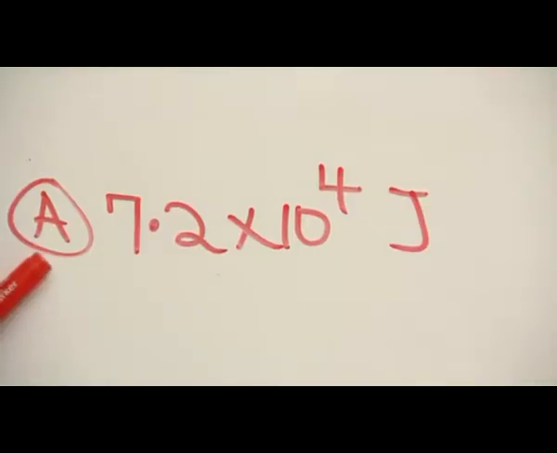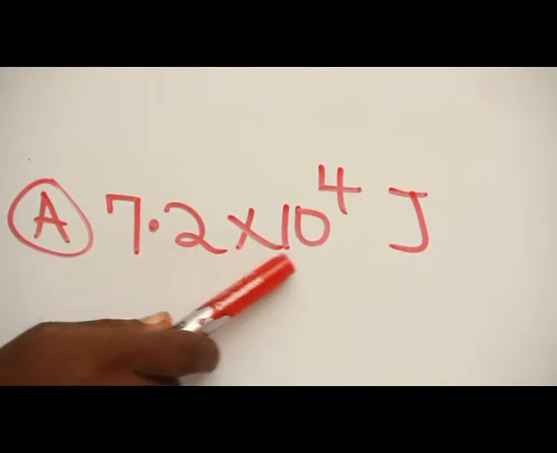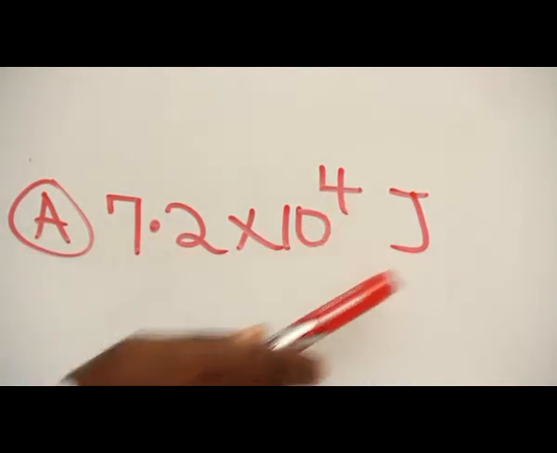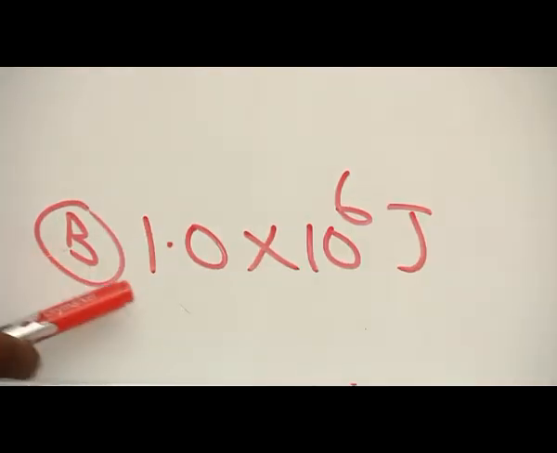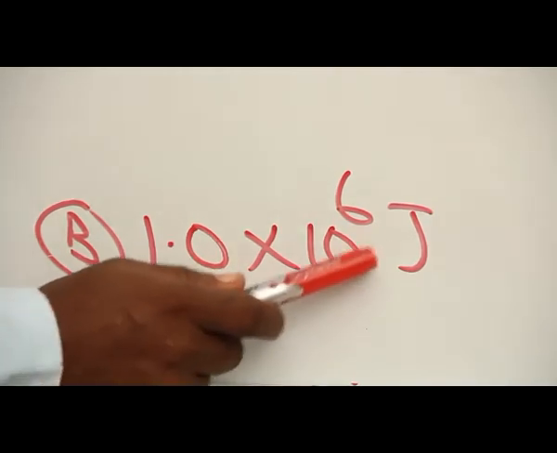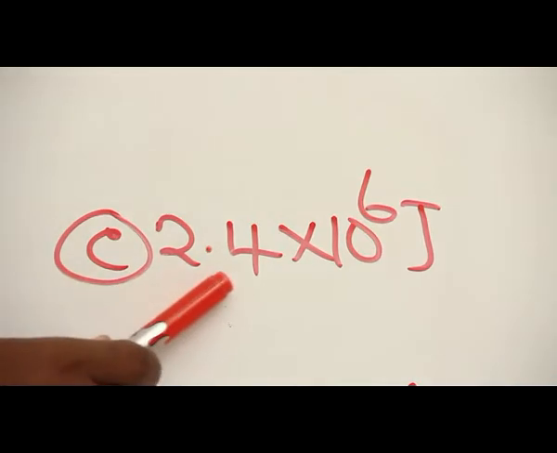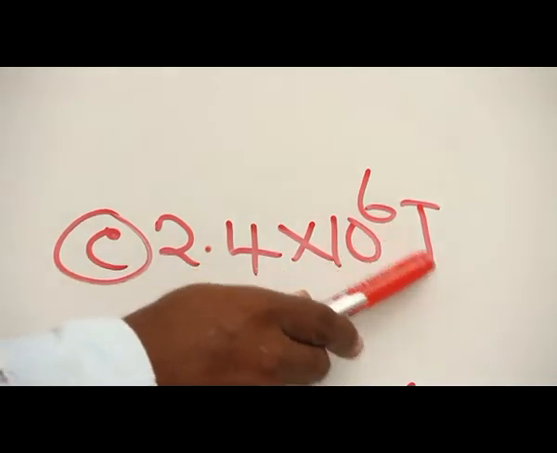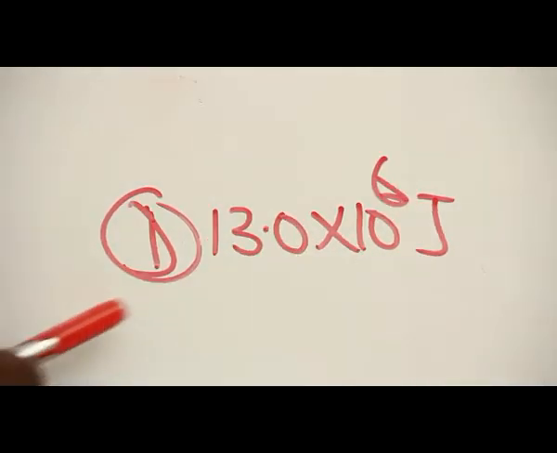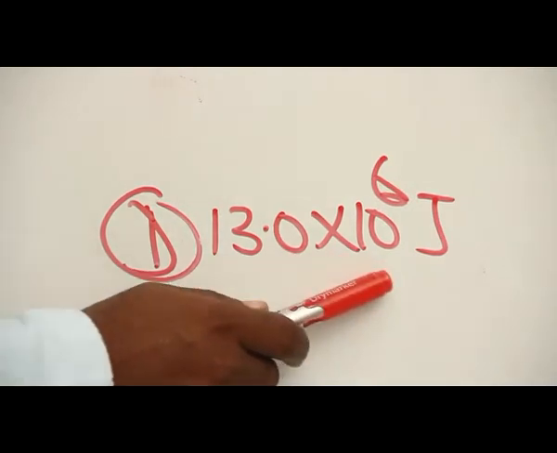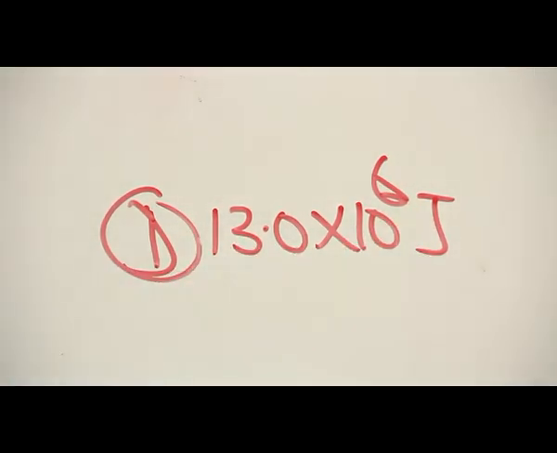Option A, 7.2 times 10 raised to power 4 joules. B, 1.0 times 10 raised to power 6 joules. C, 2.4 times 10 raised to power 6 joules. D, 13.0 times 10 raised to power 6 joules.